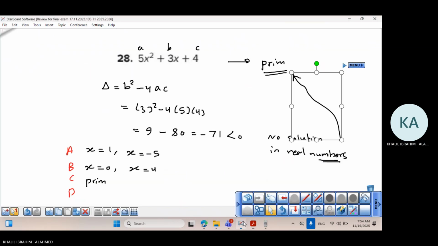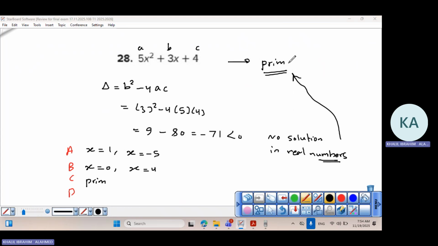Don't forget to write it here. Or x equals negative 1, x equals 1. Which one is right? I think choice C is right. Be careful about this.